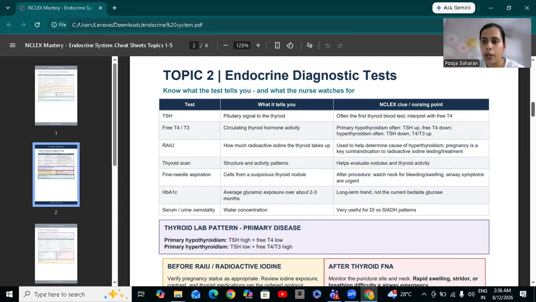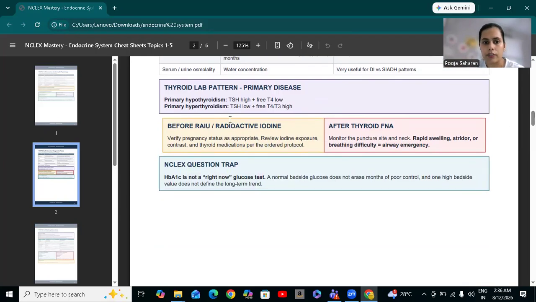Next is radioactive iodine. Verify pregnancy, the most important thing. Don't ever ask, are you married or are you not married or something? No, it's not necessary in foreign countries. Yes, verify pregnancy status.